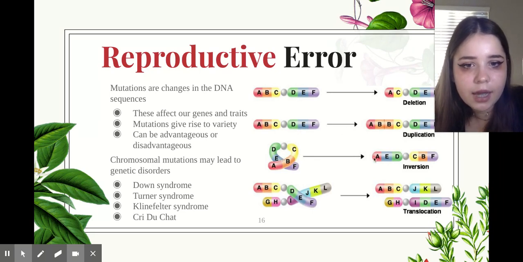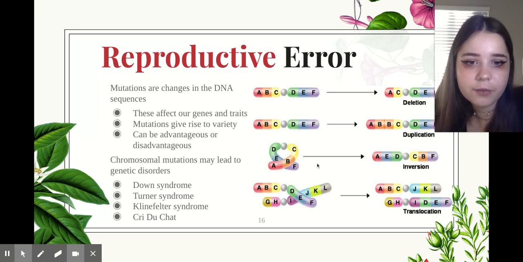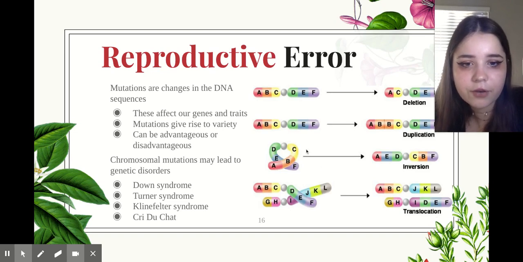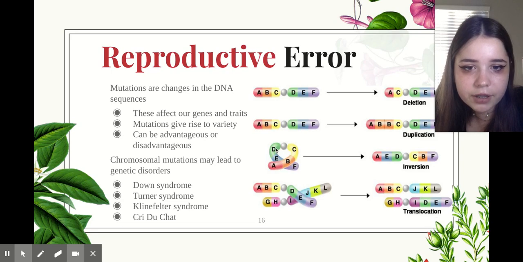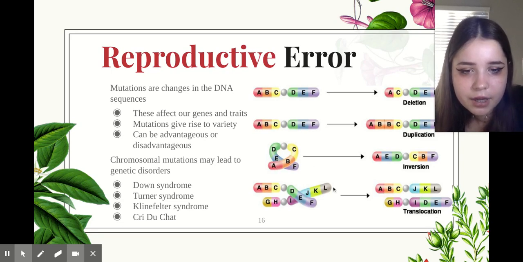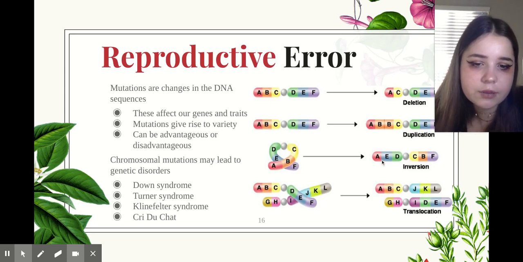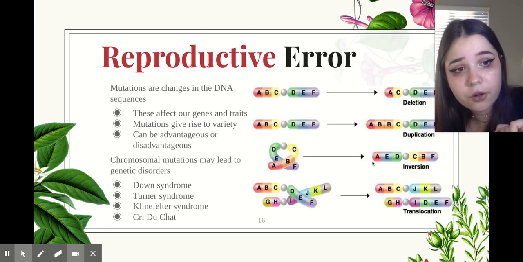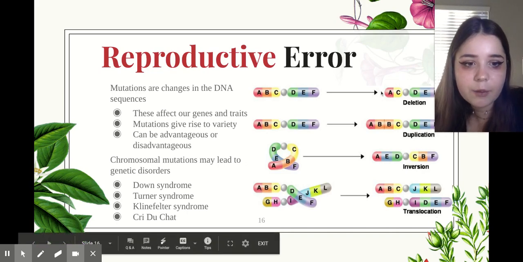It should be A, B, C, D, E, F, but over here, the fragments have switched. So the C, B, and then this F part combined, and over here this D, E, and then this A part combined. So it's switched around. And then translocation is when two chromosomes intermingle and their pieces switch up. See over here, these two are switching up, and that's a translocation.